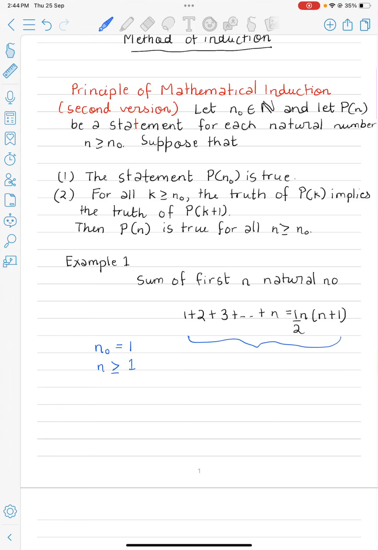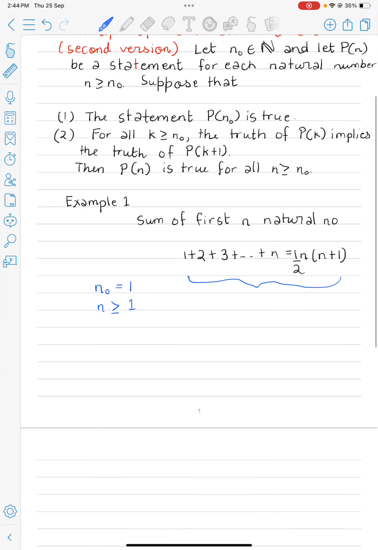First for P1: 1 is equal to 1. If you put 1 here, 1 times 1 plus 1 by 2, you can see this is 1, right? So this one matches. I have put n equal to 1 here, and we just take the first number 1.